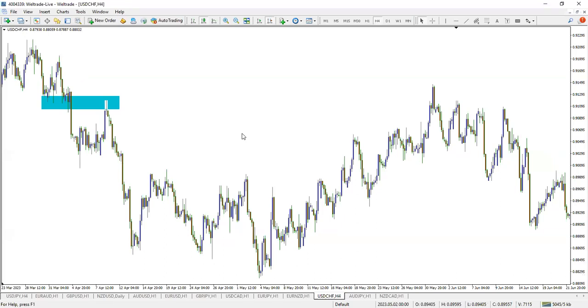But the minimum criteria you need is a 2-to-1. So when you have a good 2-to-1 risk to reward, it is a very good potential trade to look out for. And also, you need to be able to get a good entry which affords you a 40 pips stop loss maximum. These things are very important.